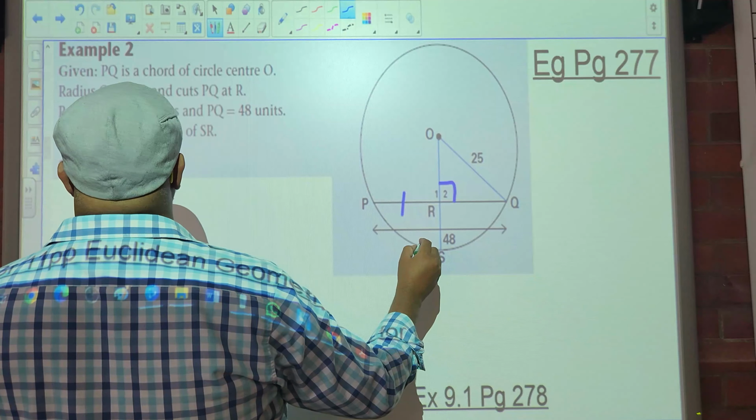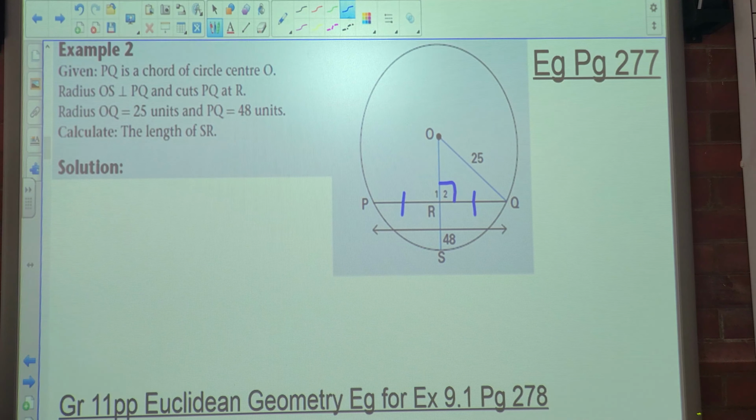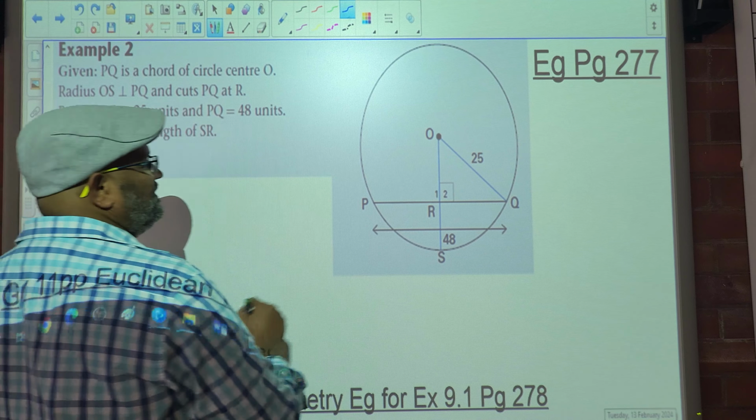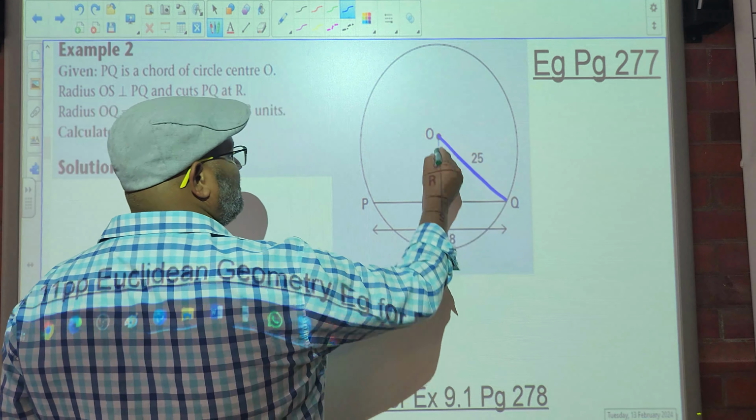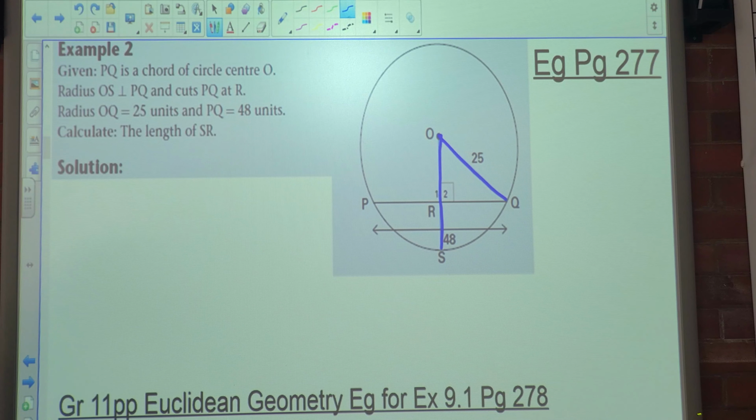PR is equal to RQ, perpendicular from center to chord bisects the chord. Then we are told that PQ is cut at R, radius OQ is 25. So if OQ is 25, how much is OS? What's the length of OS? 25. Why? Radius. Okay. PQ is 48.